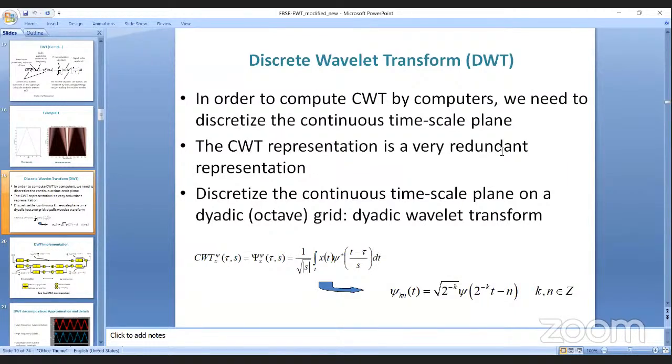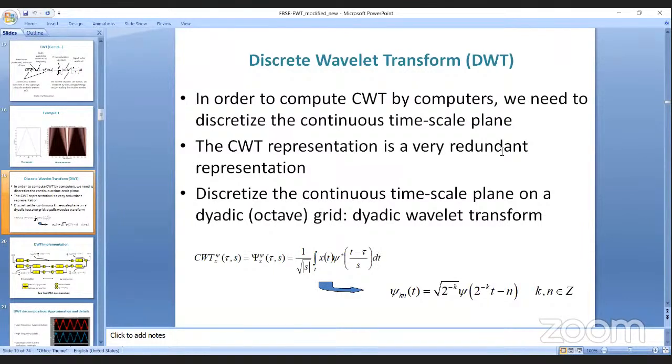So in order to implement this continuous wavelet transform, we need to discretize the variables. This shifting parameter and scaling parameter, we discretize them, and that helps us to get the dyadic wavelet transform, the discrete wavelet transform, DWT.